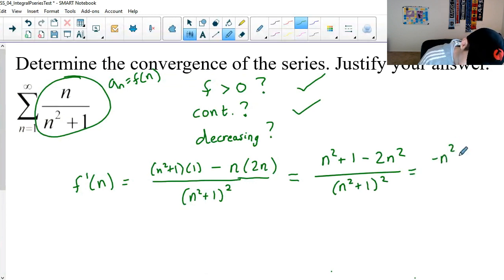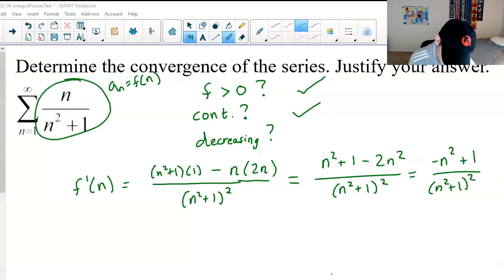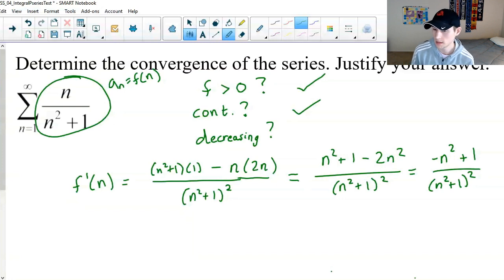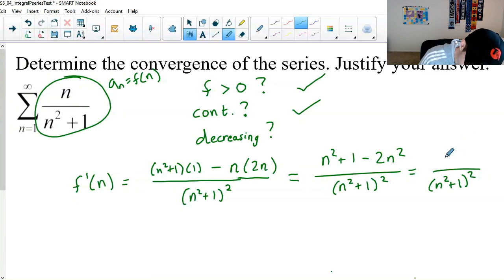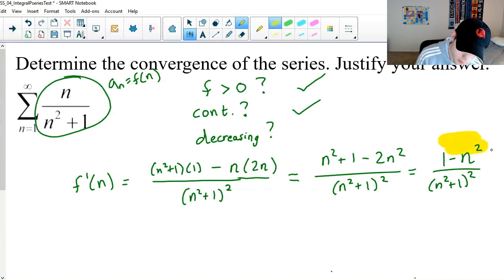So negative n squared plus 1 over n squared plus 1 squared. And it might help us actually. Let me rewrite this as, instead of negative n squared plus 1, I'm just going to switch the order. So it's 1 minus n squared. Okay, so this is the derivative.